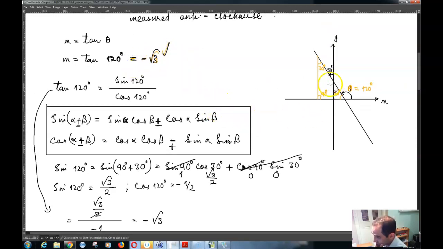So the slope of this line is negative square root of 3, and as you can see, it's a negative slope. The line is going downwards, and square root of 3 is approximately 1.7, if I'm not wrong. So it's very close to negative 2. So that's how you solve this problem.